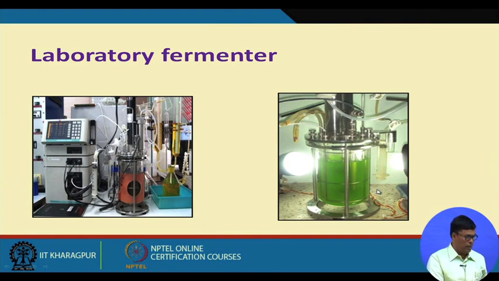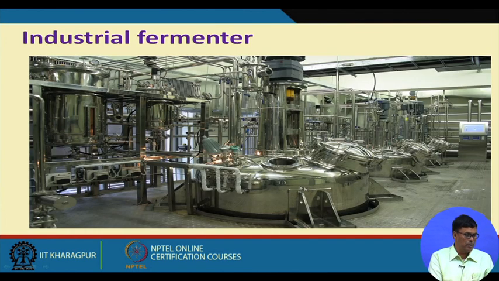But in industry the material of construction is mostly stainless steel, so it is not visible from outside. Through the watch glass you can visualize what is going on. And this is the agitator, and this is the mechanical seal that we have.